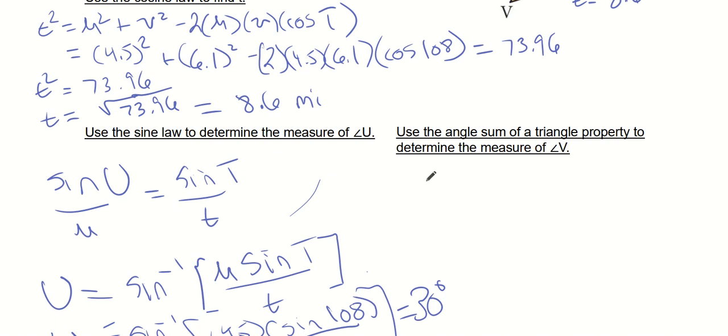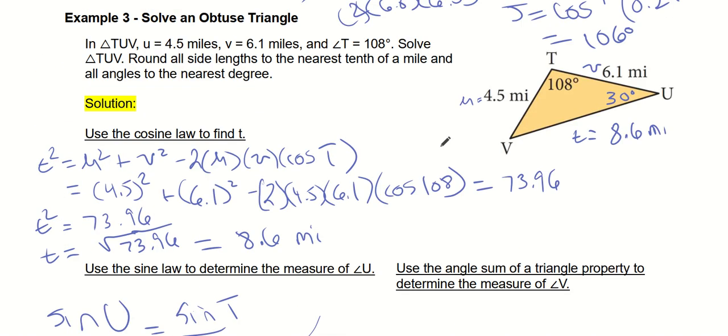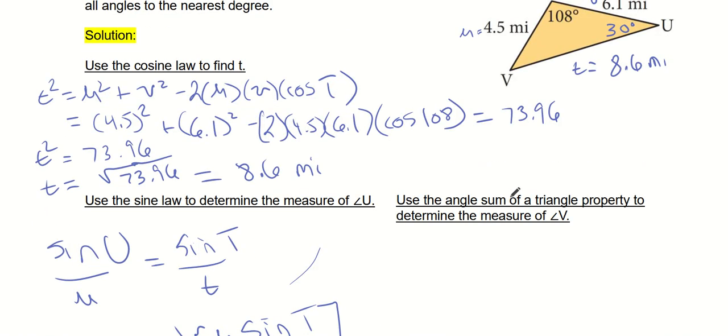We are looking for angle V here. So capital V, that's the angle V, equals 180 minus the angles, which is 108, minus 30.